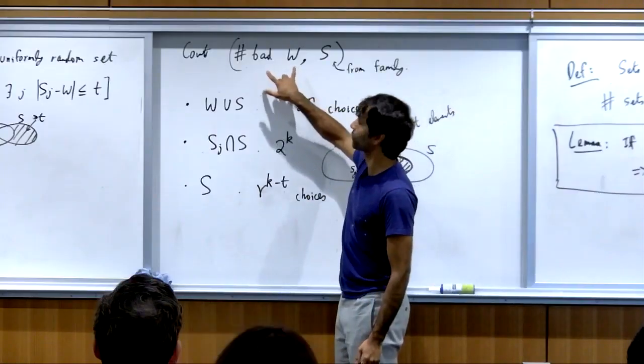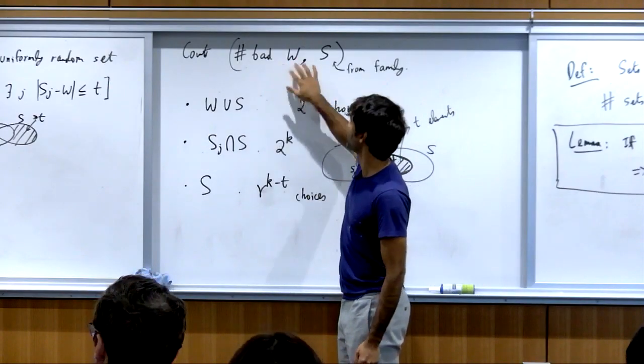So the order in which you choose these sets is bizarre. Initially S looked like it was fixed. And now you're saying that there are a fixed number of choices, but you already fixed S. No, I want to count. I'm trying to count the total number of options for these combinations.